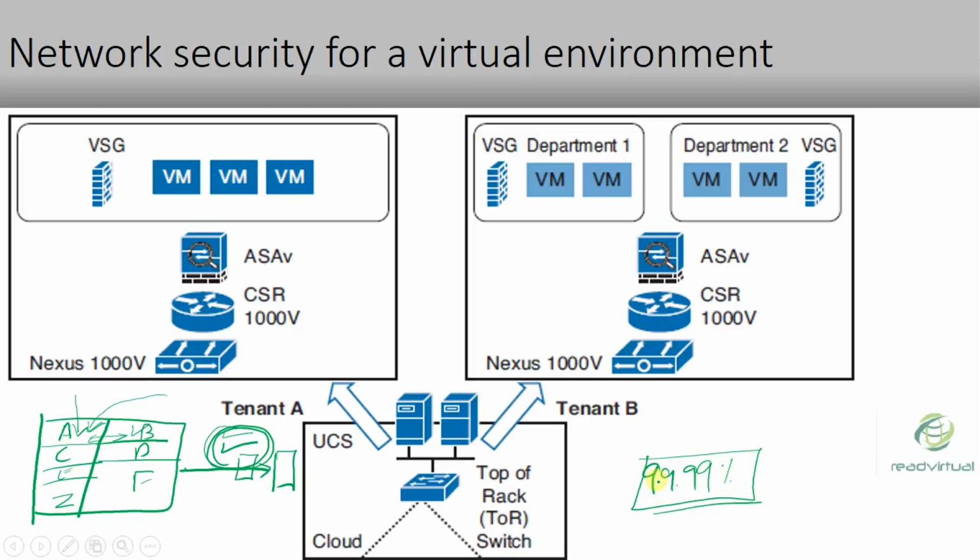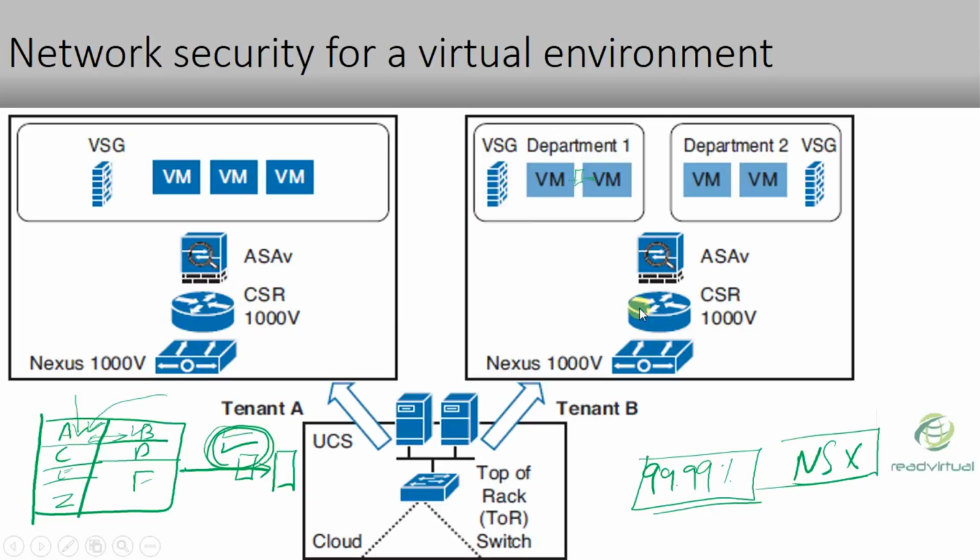We should make sure that new technologies are coming. If you have heard about SDN and NSX technology, NSX is also giving virtual environment security. It's putting firewalls here. I will not talk about NSX because this class is dedicated to Cisco, so it's not fair to Cisco that we are using NSX technology.